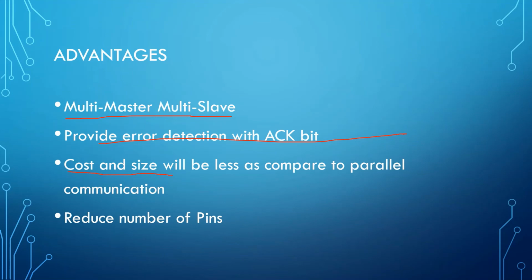As we know, in parallel communication multiple wires are required, so the cost will be higher. In serial communication there will be only two wires, one for data and another for clock. That also saves our size, and the number of pins also reduces.